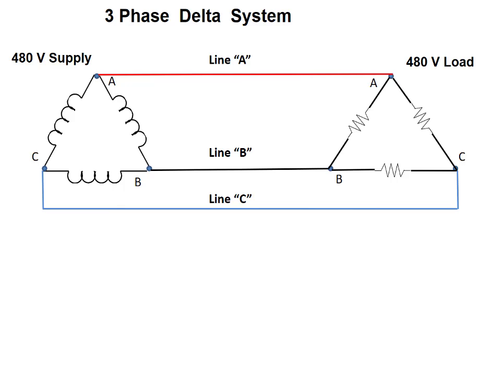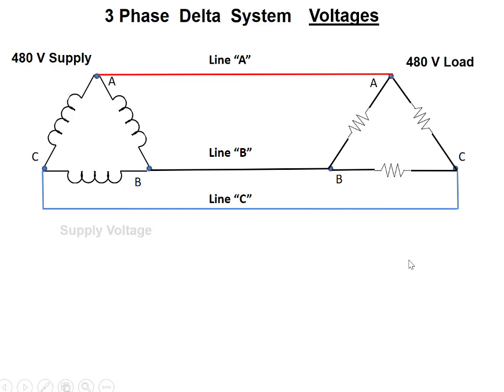And to look at voltages in this system, we can look at each phase or line at a time. If I look at the generator and I have a winding connected from A to B, that is the phase at the generator. My winding is connected across it.